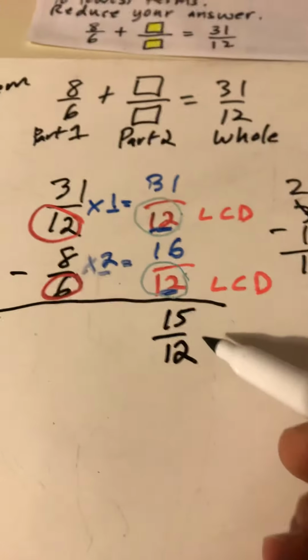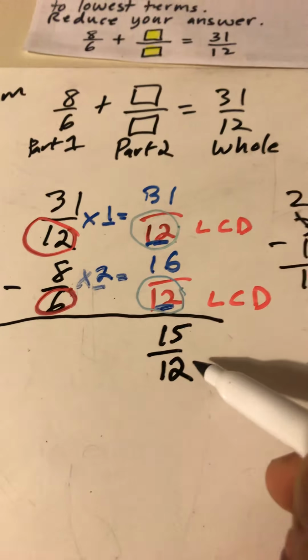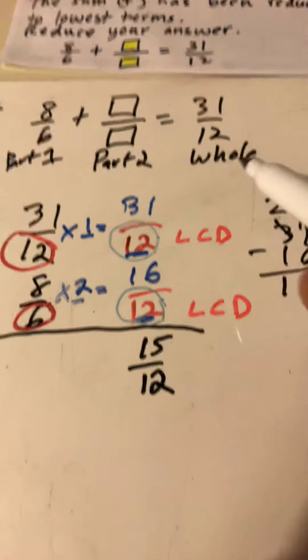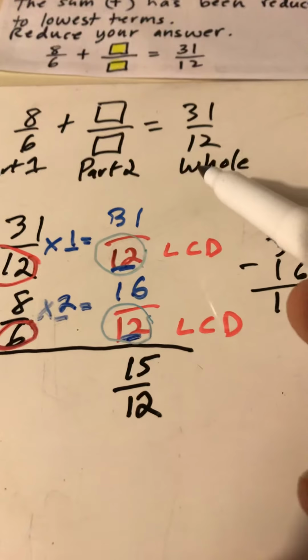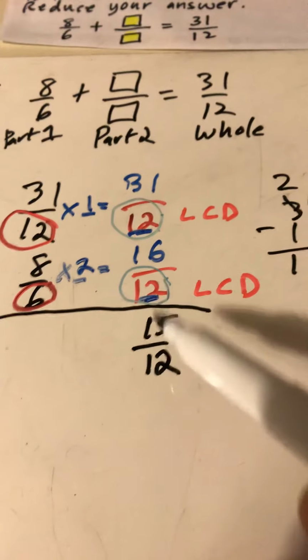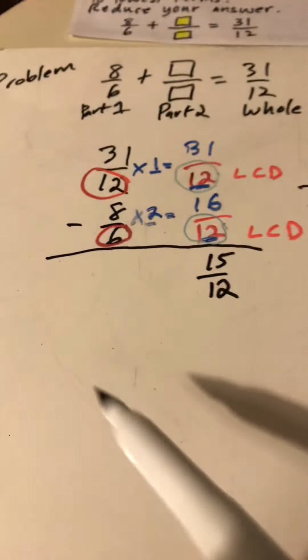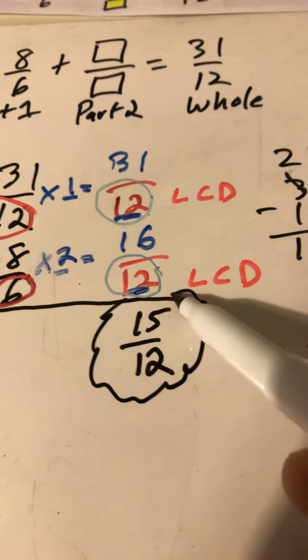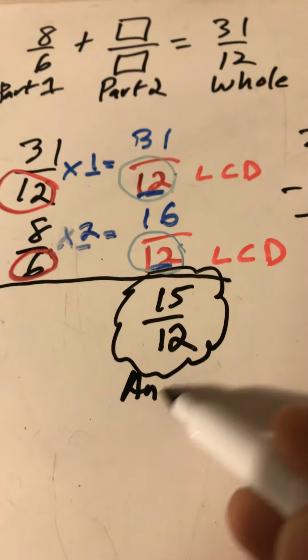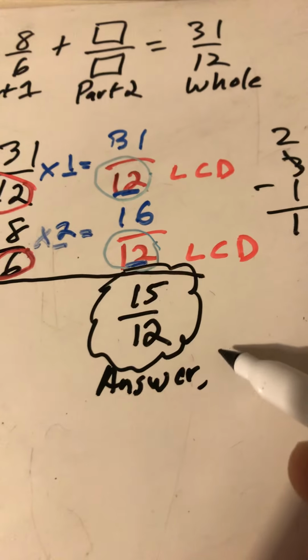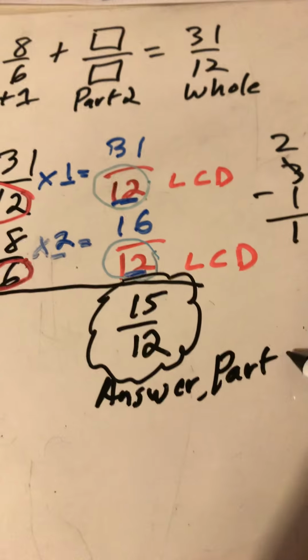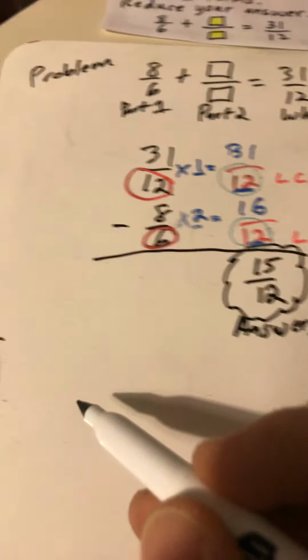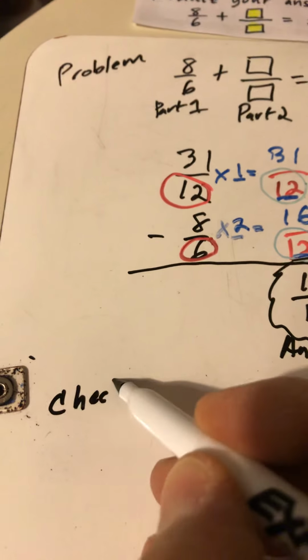twelfths. Okay. So my answer, according to all this math, if I take this part from this whole, should be 15 twelfths. That's part 2. Okay, so now I'm going to check it, because this is my answer, which we're saying is part 2. I'm going to check it, just like I did the last problem.